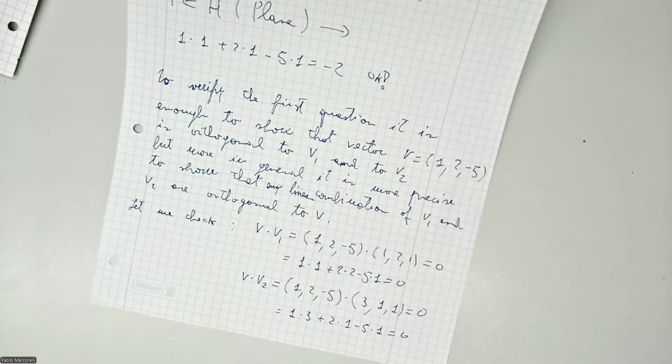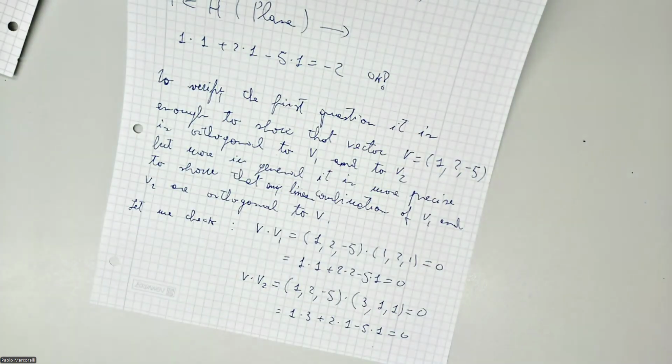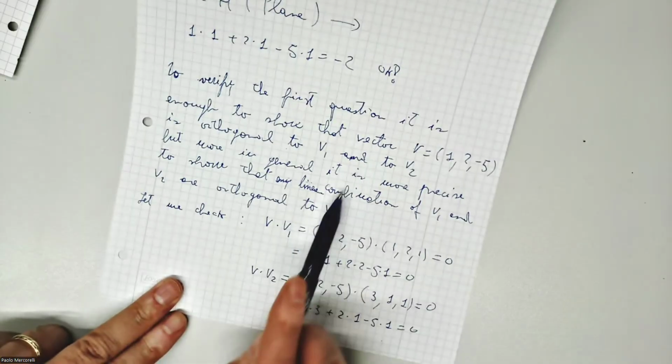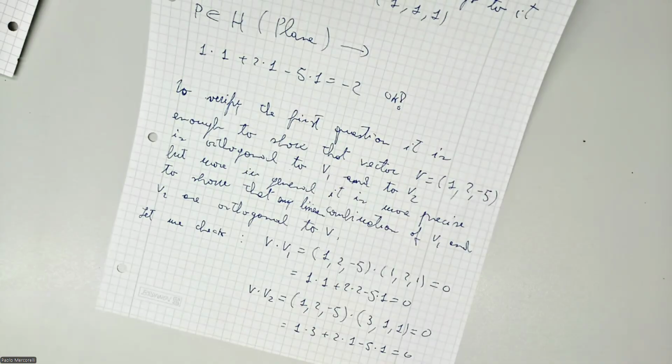Basically, this is almost enough. But to be precise, if you remember my mimic, I have to demonstrate that the set which is generated is orthogonal to this vector here, but it's not so difficult. Because, as I clarified in this explanation, I have to consider any possible linear combination.